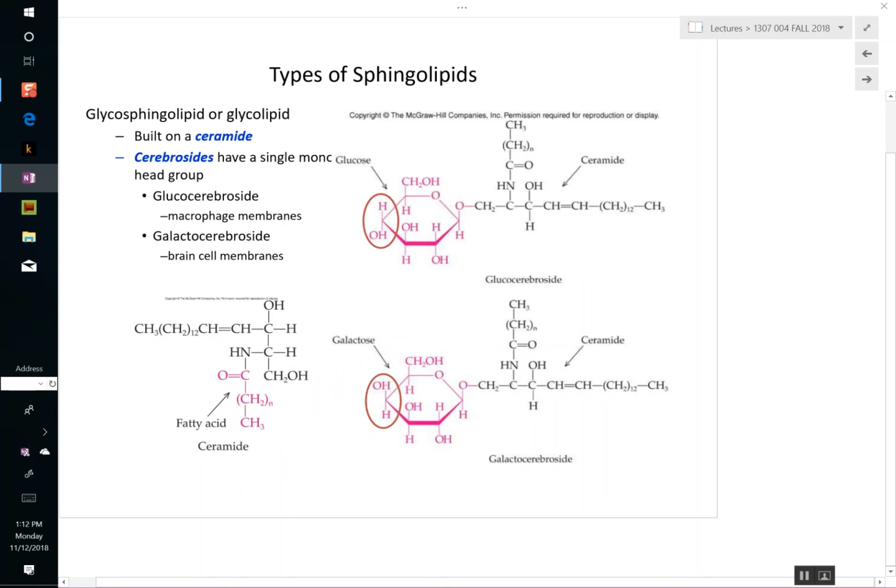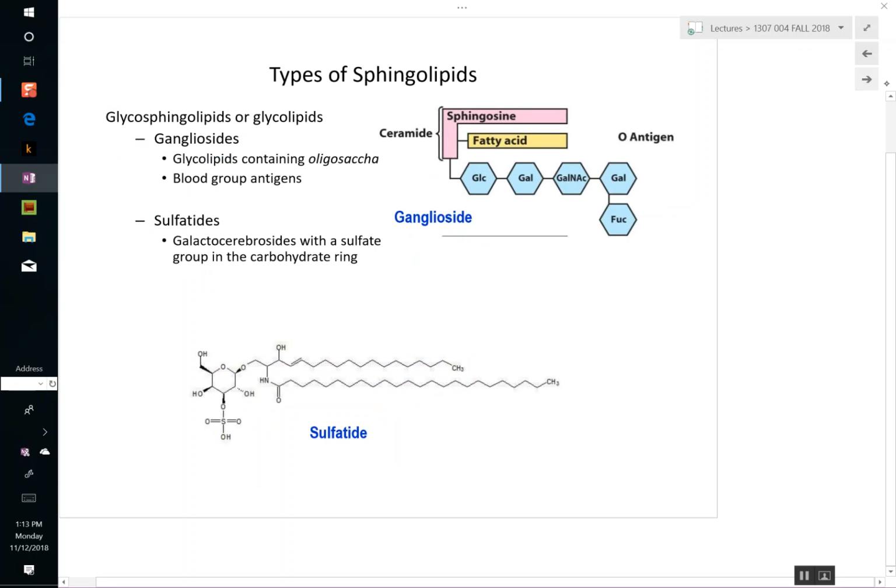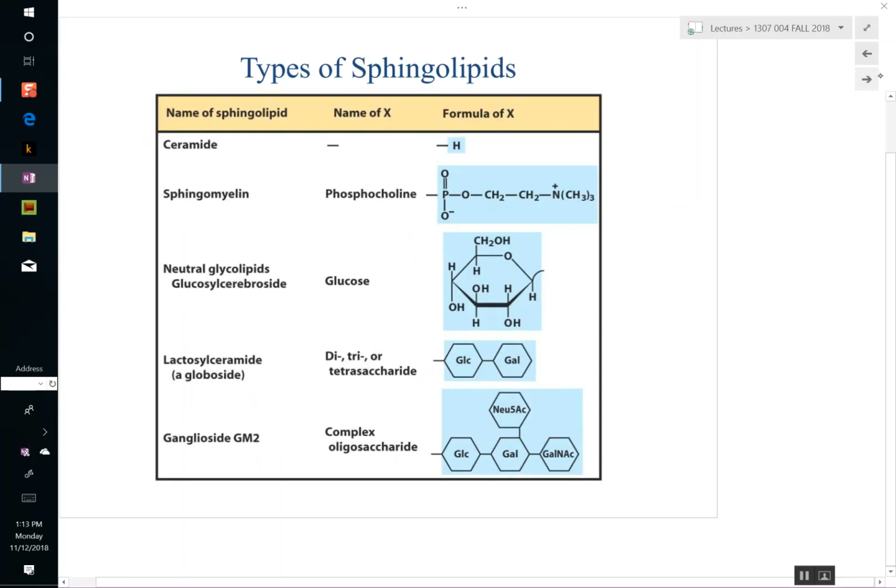You can start adding some sugar molecules on the sphingosine and get other kinds of sphingolipids. There's the O antigen blood type right there with a number of sugars coming off of it. You see the sphingosine, the fatty acid, and these 5 sugars. Defining the X, you could get different classes of sphingolipids.